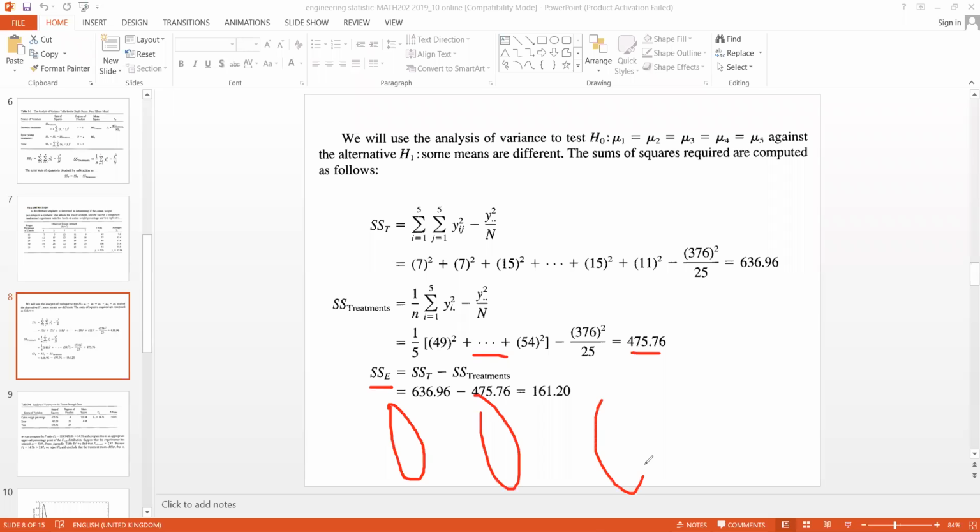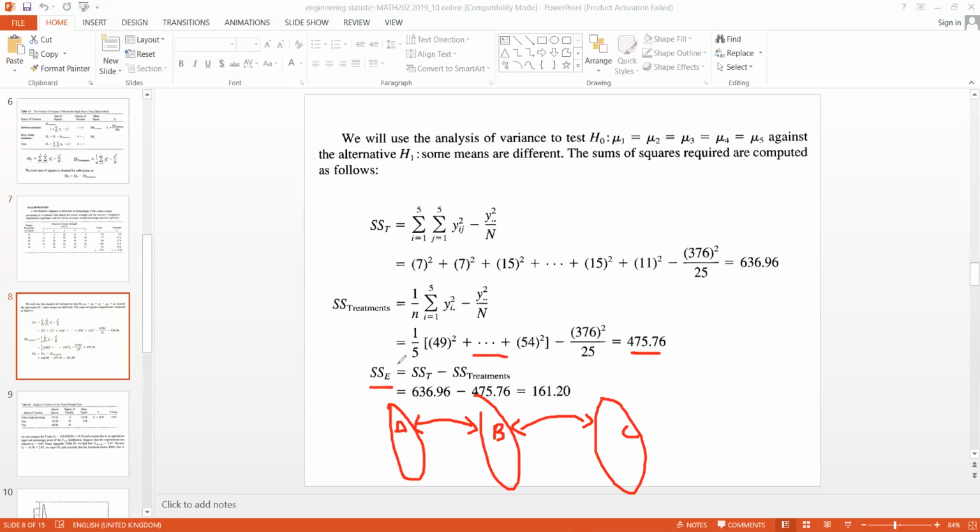In the experiment, we want to check if these treatments, let's say drug A, drug B, drug C, or the levels of cotton, which are 15%, 20%, 30%, are the cause of the differences in tensile strength. That is the whole experiment. The differences in the treatments result in the differences in the tensile strength.